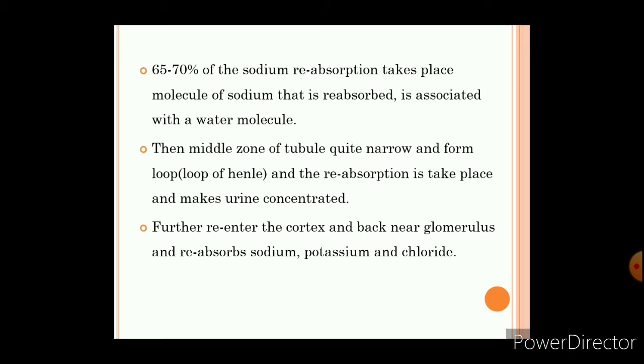Then the middle zone of the tubule is quite narrow and forms a loop, and reabsorption takes place and makes urine concentrated. Further, it re-enters into the cortex back near the glomerulus and reabsorbs sodium, potassium and chloride. Okay.